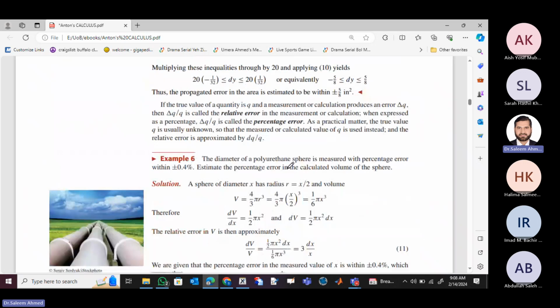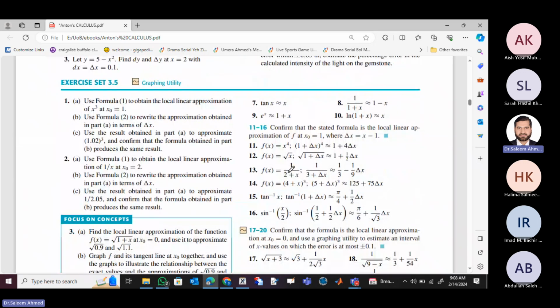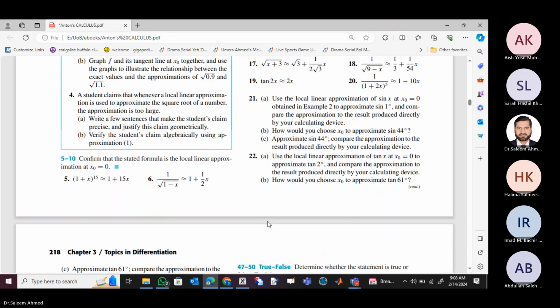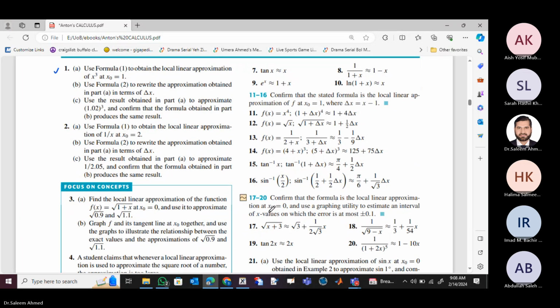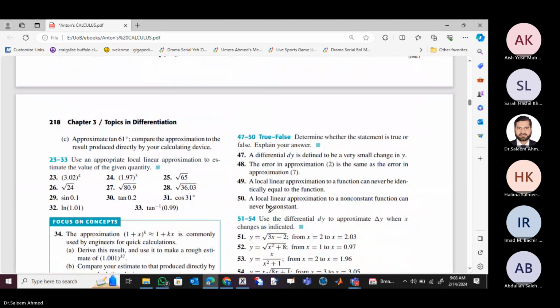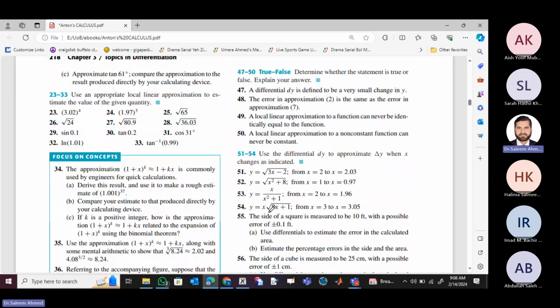So if I go to the exercise, you will see here he said use differential dy to approximate delta y when x changes as indicated, right?